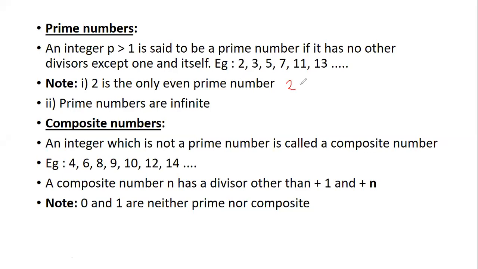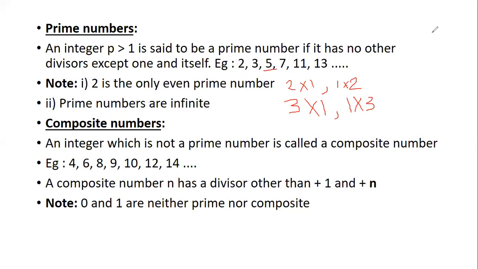Now let's see some more numbers. 3: you can multiply it with 1 or with 3 itself. 3 ones are 3, 1 three is 3. Do you have any other possibility of finding divisors for 3? There is no other number which will divide it. The same thing happens with 5. 5 ones are 5, 1 five is 5.